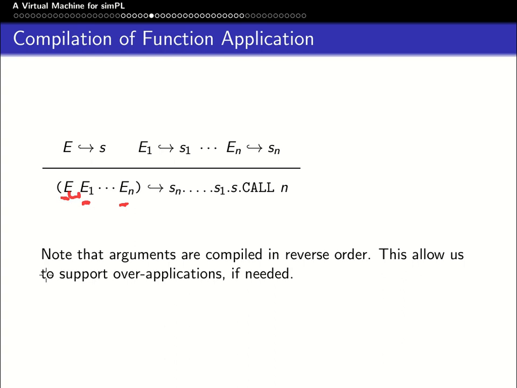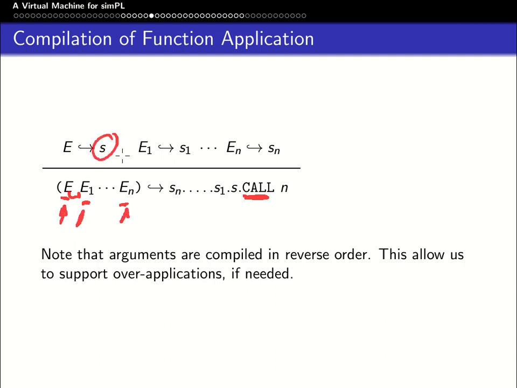And based on the way we defined all the other operators, we're not going to make a difference here, right? So we're going to have a function call, an instruction call, and we're going to say how many arguments the function has, right?